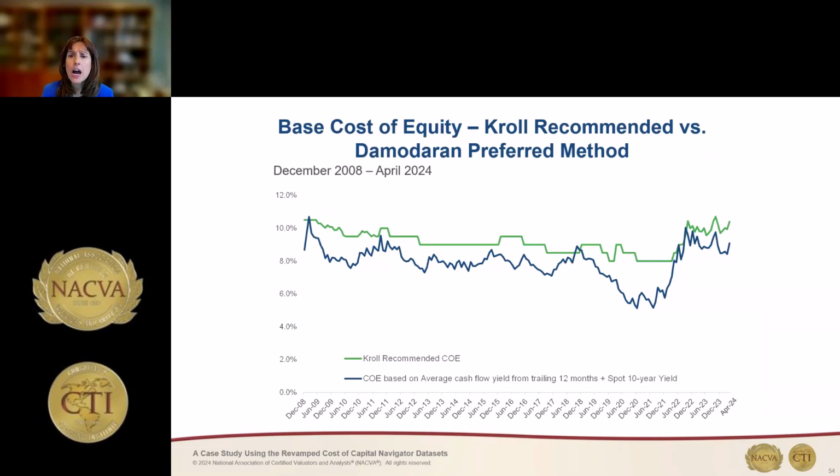Now, if you were to use Damodaran's preferred method, which he calls a trailing 12 months cash flow yield, against a spot 10-year yield for the treasuries, because that's his risk-free rate proxy, you would get to a level where during COVID, when the risk was at its highest, his number, the COE, which is the blue line on the screen, was at record lows. So when risk was at its highest, his method would say that risk is at its lowest.